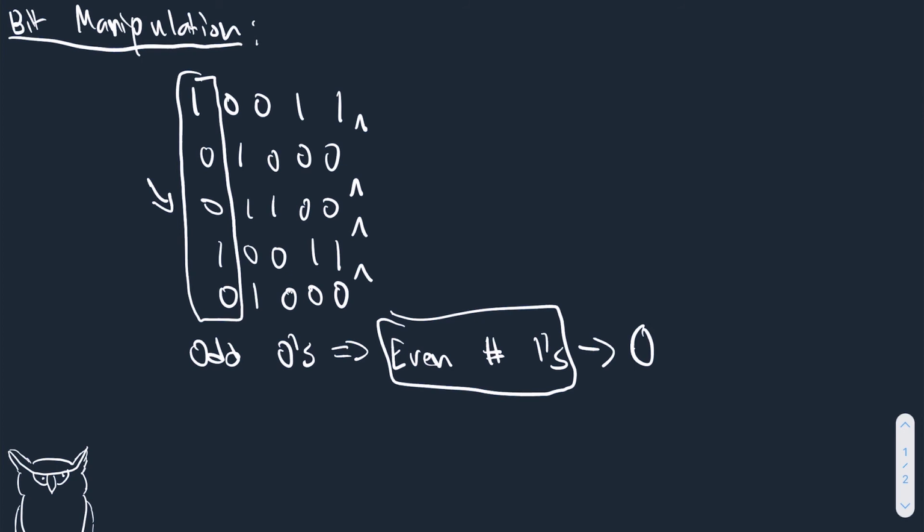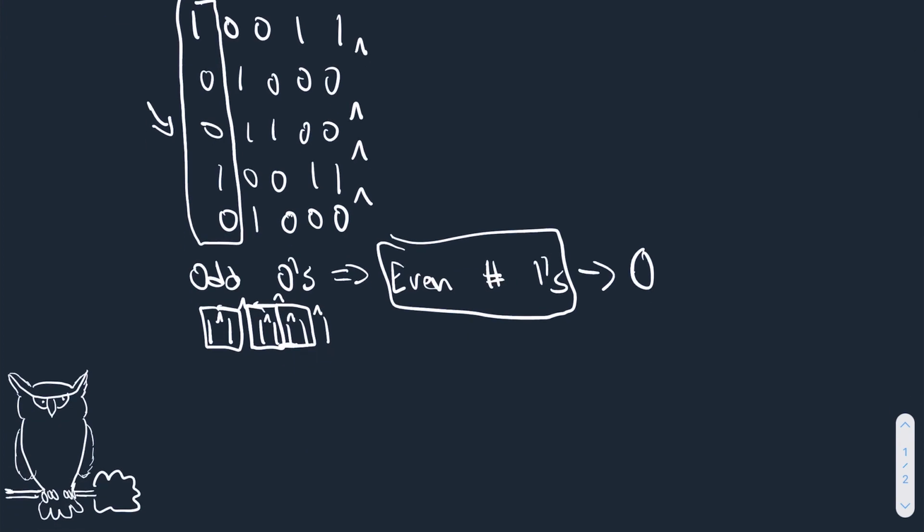And the reason for this is, let's just say I have some number of 1s. Now, I'm just going to put boxes around them to make it more clear. Now, consider the XOR operation between all of these 1s. Since XOR is associative, we can consider each of these pairs like so.